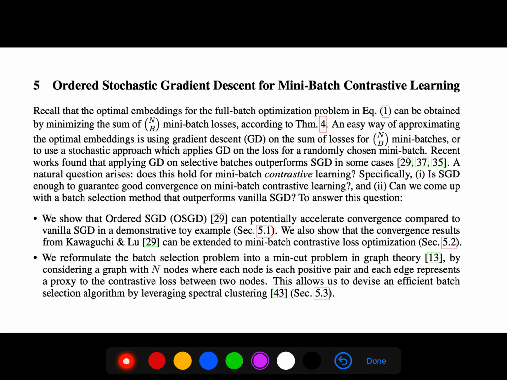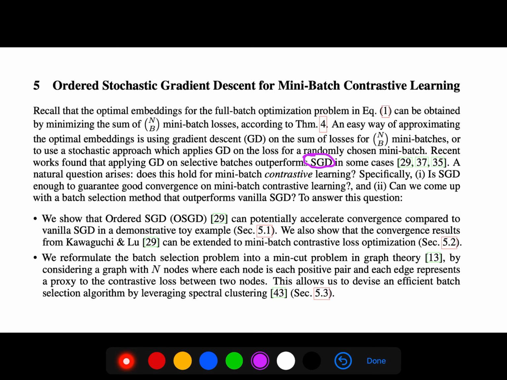Recent works found that applying gradient descent on selective batches outperforms SGD in some cases. So the natural question arises: does this hold for mini batch contrastive learning?